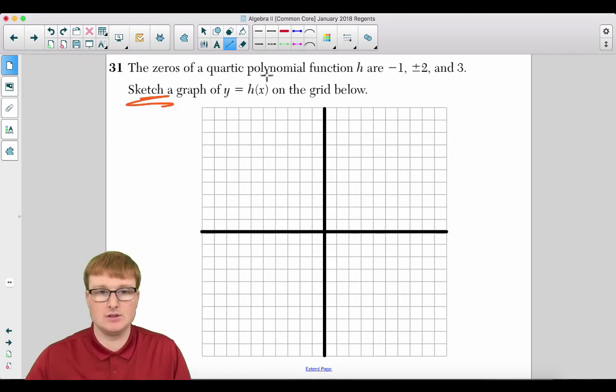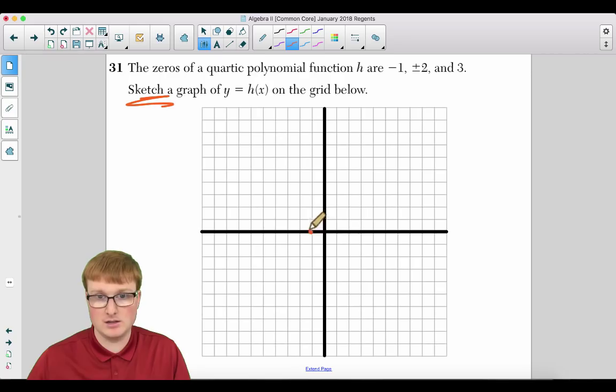Okay, so your zeros are at -1, positive 1, -2, and 3. All you need to do is just sketch the polynomial. So it could look something like this.